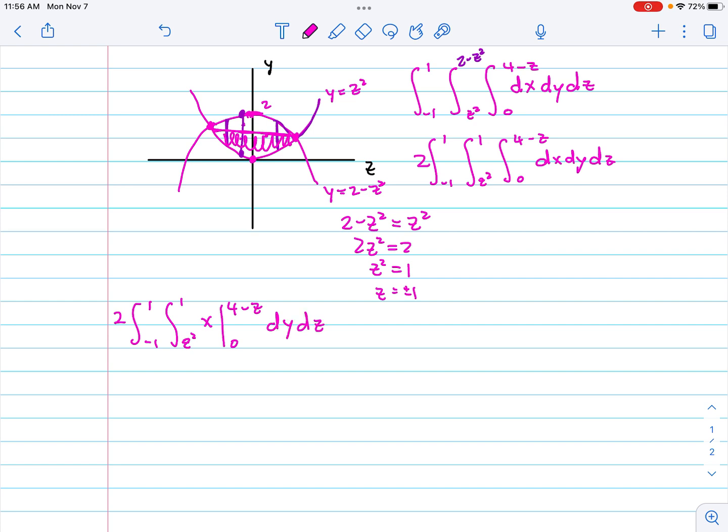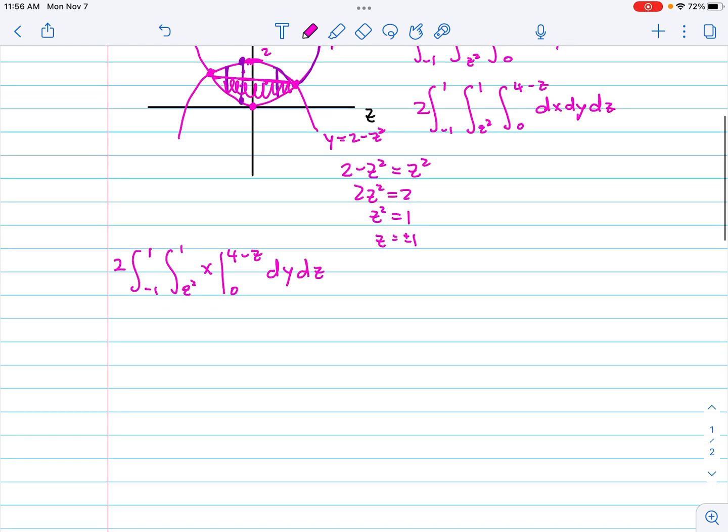Okay, there we go. Now I put in the x, and I get 2 times the integral from negative 1 to 1, the integral from z squared to 1, and then this is just going to be 4 minus z, dy dz. There we go.